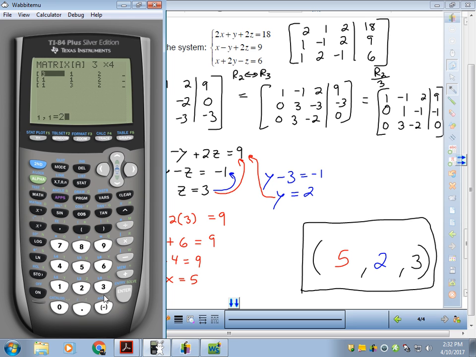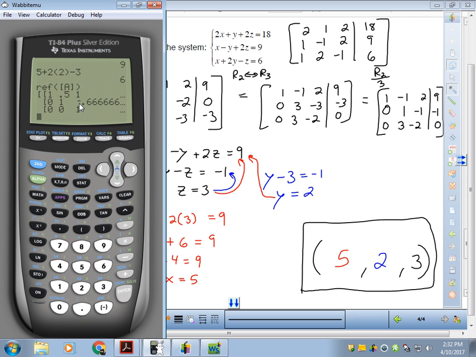So now it is 2, 1, 2, 18, 1, negative 1, 2, and 9, and 1, 2, negative 1, and 6. Quit out of that. Go to our matrix menu and say, hey, let's go down and do row echelon form. And we'll put our matrix A in there.